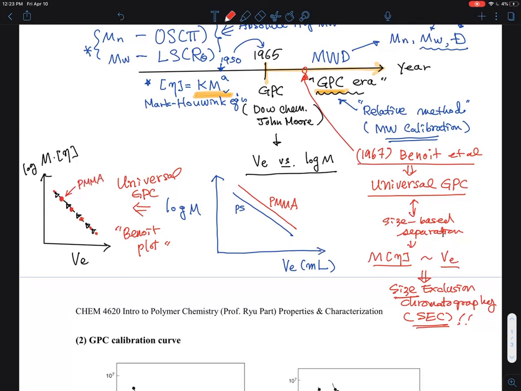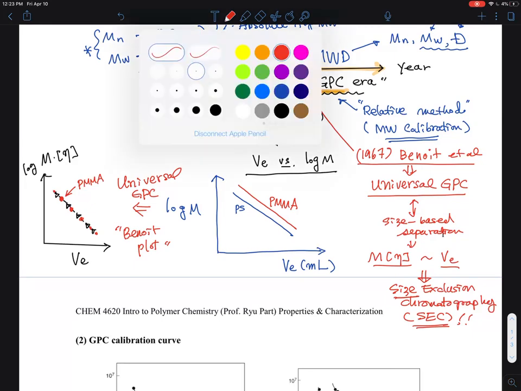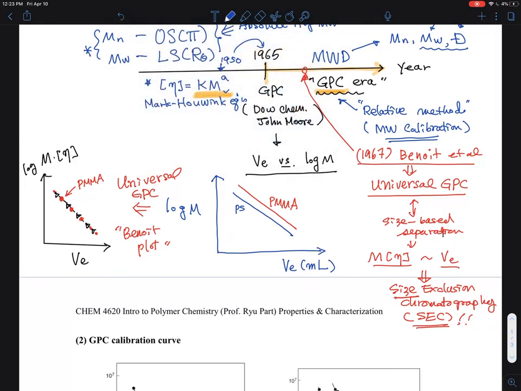So the physical mechanism that supports what's happening in the GPC is actually based on the elution volume dependence on the parameter of molecular weight times the intrinsic viscosity. That is essentially coil size, the polymer chain coil size, and that's why we got the name size exclusion chromatography here.